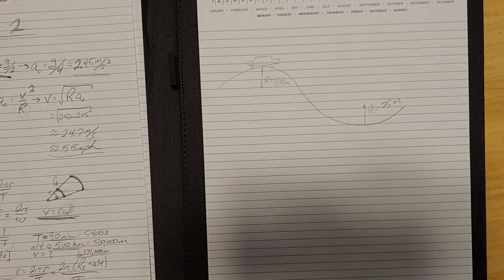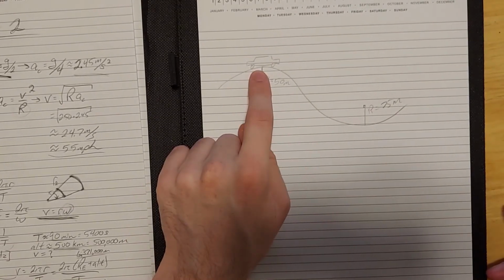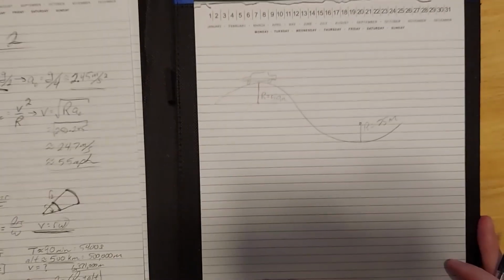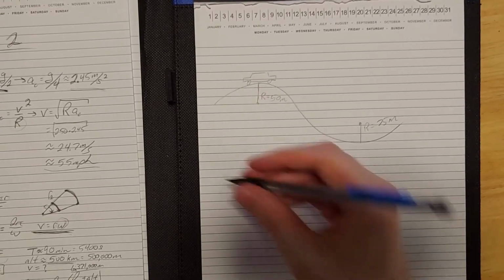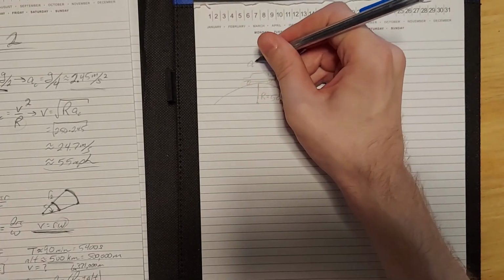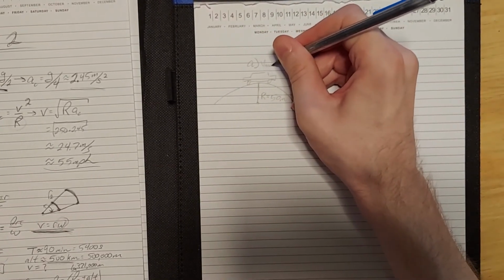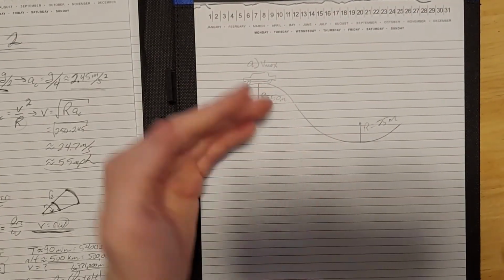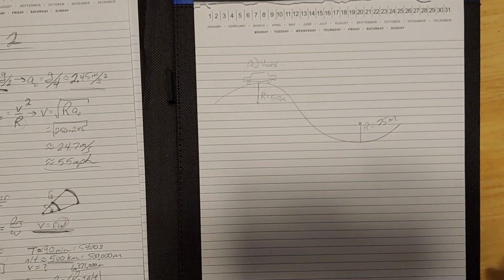So what if we want to say, what's the maximum speed you can go over this hill and not lose contact with the road? So let's find the, did I say minimum? I meant maximum. What is the maximum speed at which you can go over this hill and not get air?